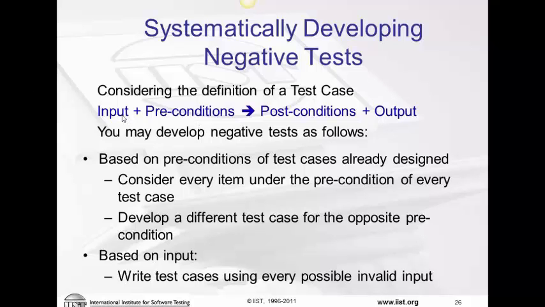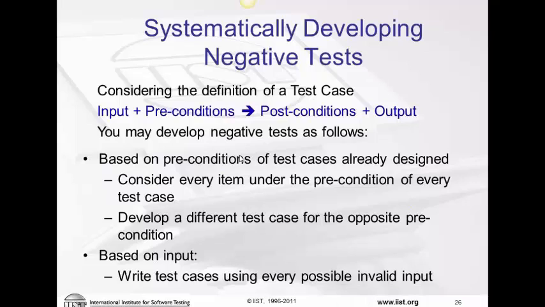Then, based on input, you have the opportunity to do even a better job. You go here and look at the input. Okay, what's the input for this test case? It is the order number, for example. In order to cancel an order, it's the order number. Write test cases using every possible invalid input.